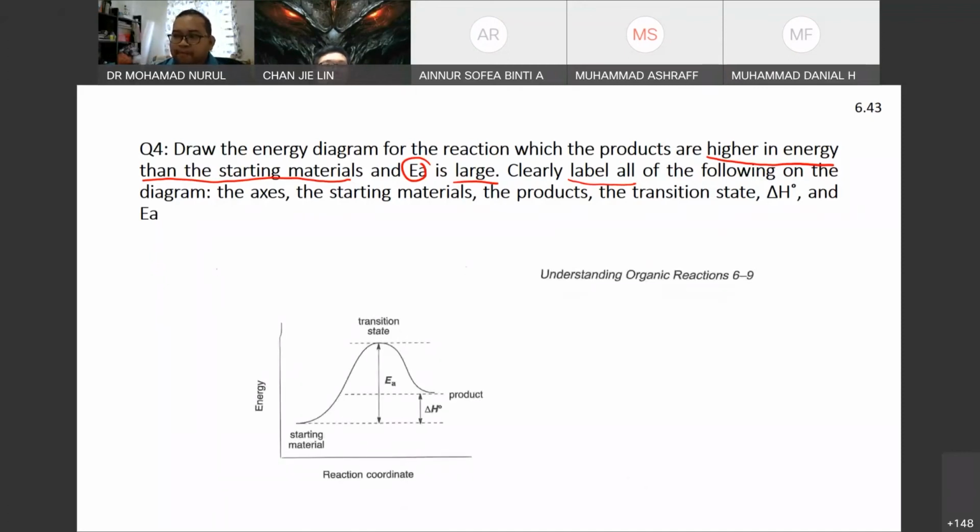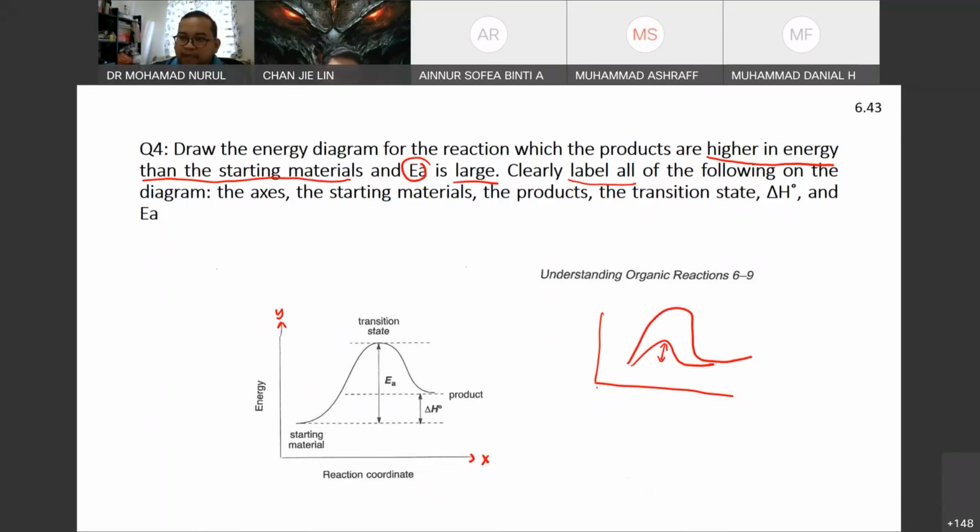Okay, you should have a y-axis and an x-axis. What they ask for is a large activation energy. So if your diagram is like this, no, this is a small activation energy. The large one should be like this.